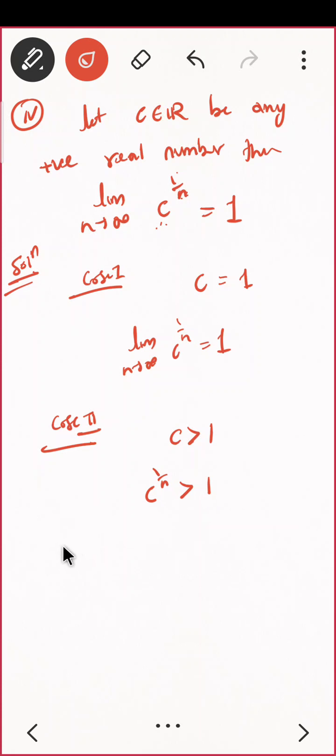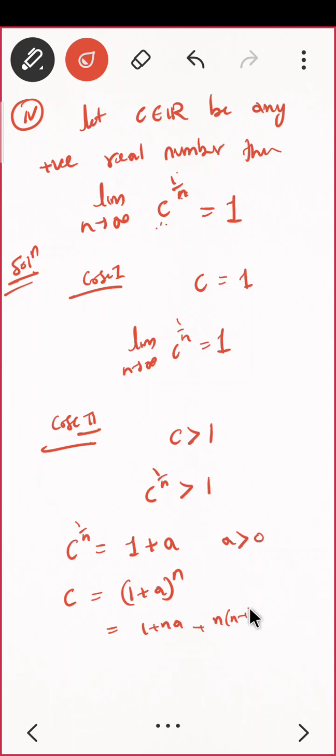Once it is greater than 1, can I write C raised to 1 by n equal to 1 plus some a, where a is a positive number? Can I write like this? So what about C? C is now (1 plus a) raised to n. And you know what is (1 plus a) raised to n, correct? 1 plus n a plus n into n minus 1 by 2 a square and so on.